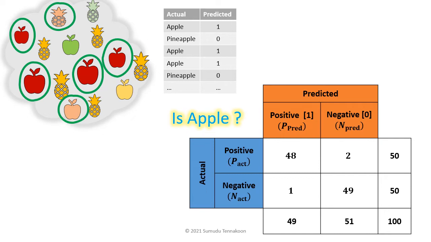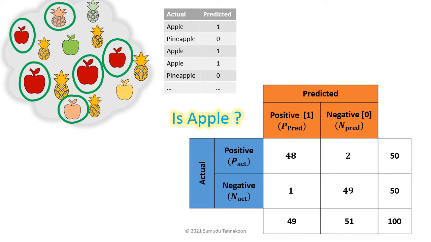So in this sample we have 50 actual apples and 50 pineapples, so not apples. Let's focus on the first row and first column. 48 out of 50 apples were identified by your model as apples. That's the positive, so we call it a true positive. The second value in that first row, actual apples: two of them your model tells you are not apples.